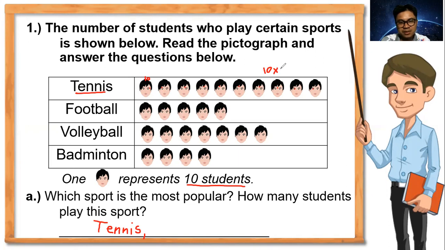So 10 times 10 equals 100. So the most popular is tennis, and there are 100 students who play this sport.